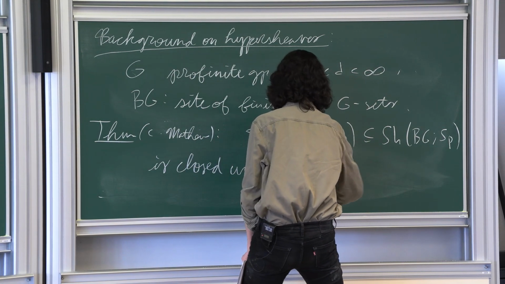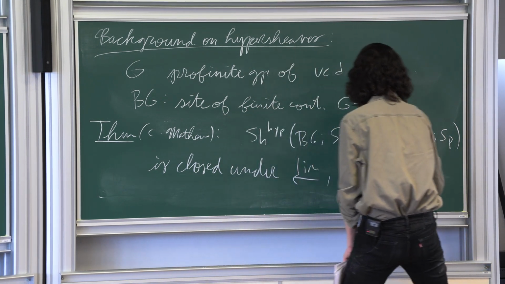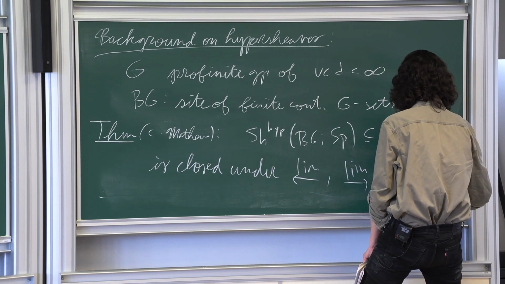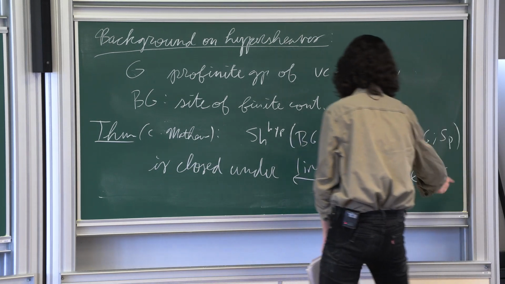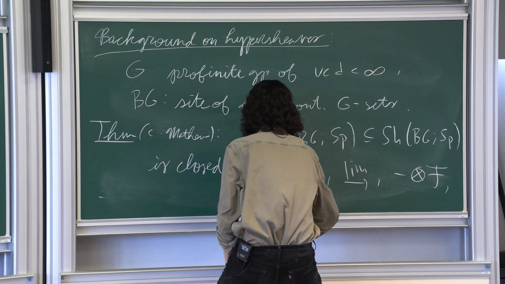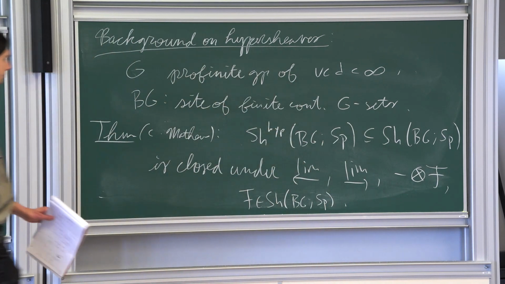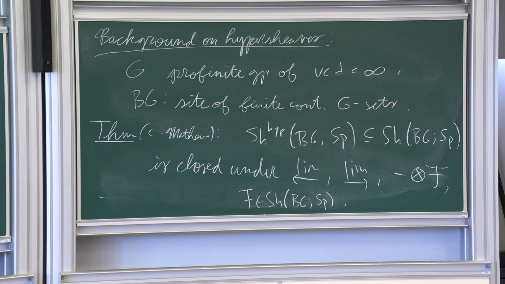It's obviously closed under limits, but it's also closed under colimits. And more importantly, it's closed under tensoring with F for any F which is just a sheaf. So if you have a hypersheaf and you tensor it with a sheaf, it's still a hypersheaf.